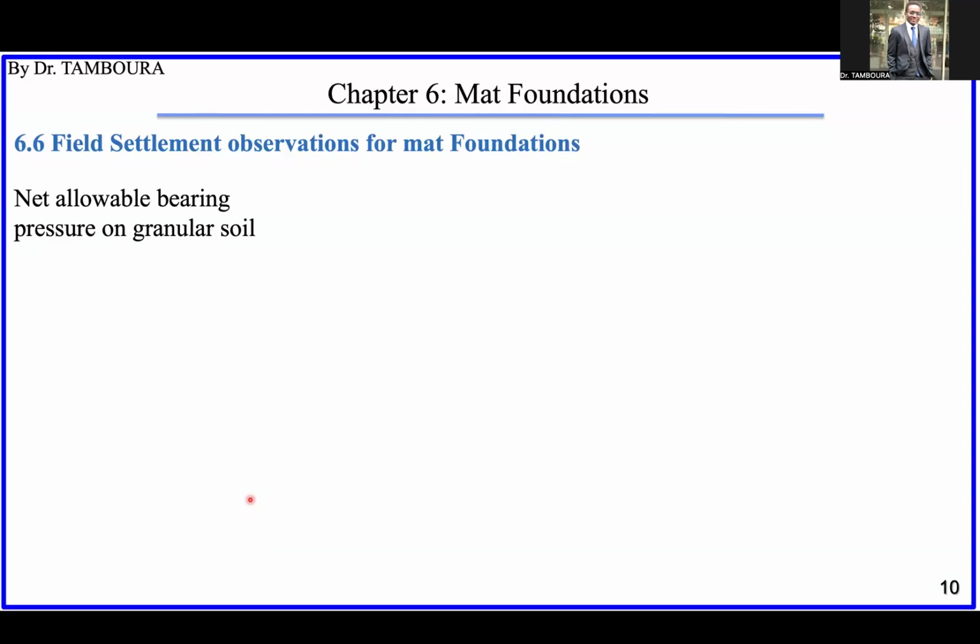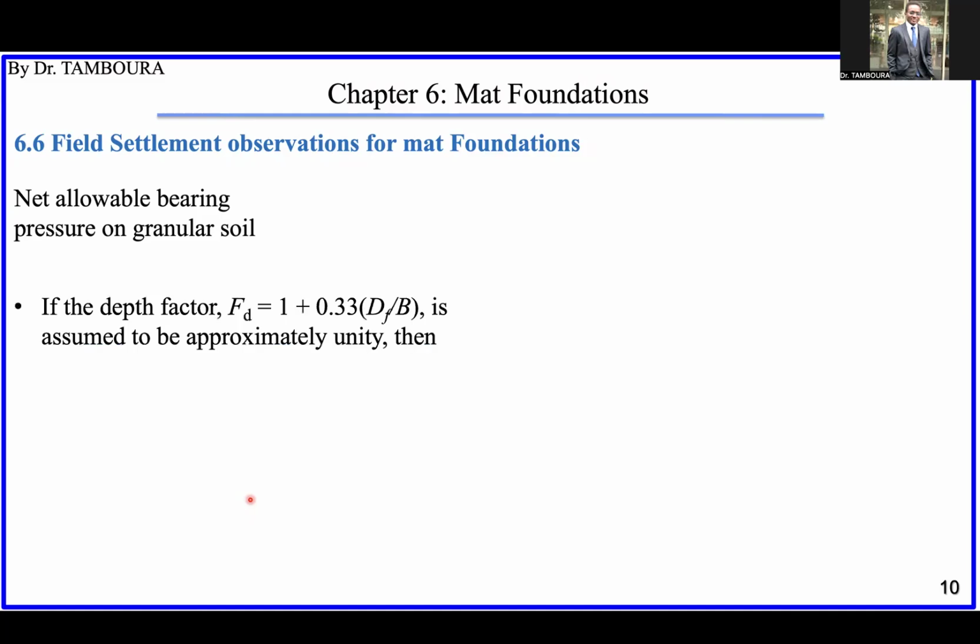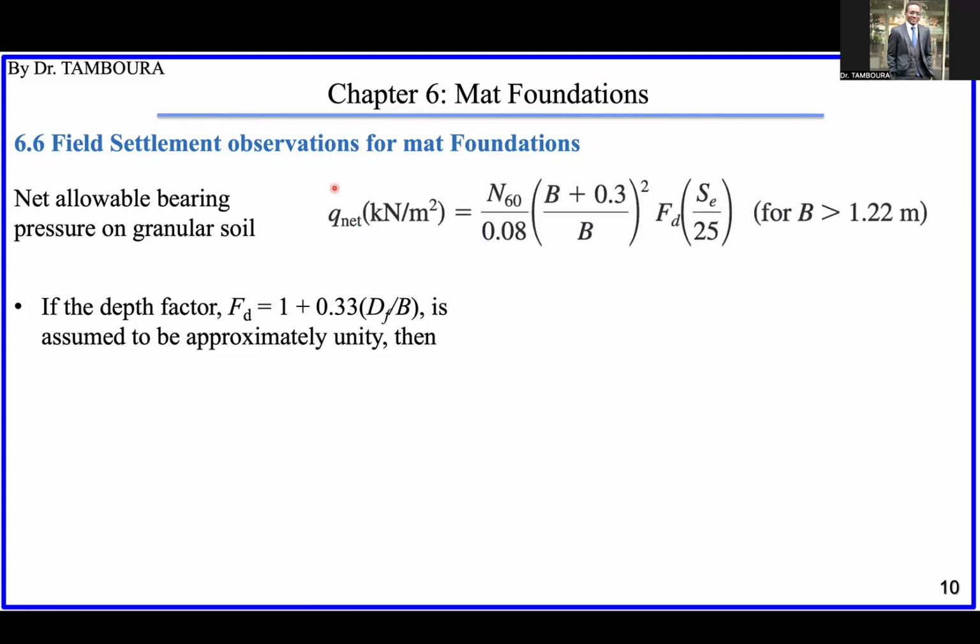The allowable bearing capacity pressure on granular soil: if you remember in chapter 5, you had this equation. And even in the previous lesson, we also talked about this equation.